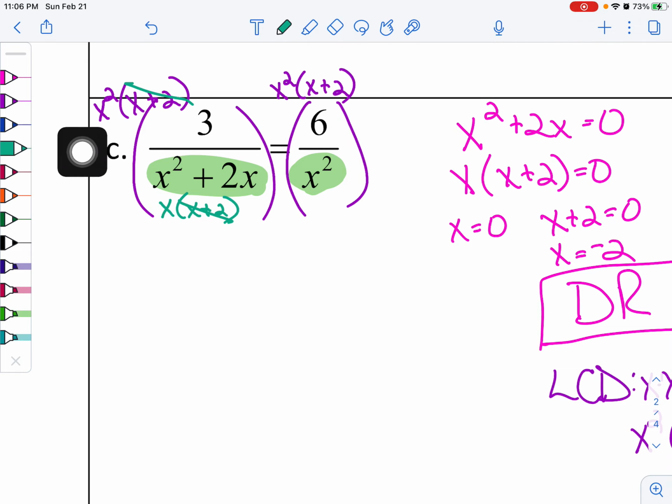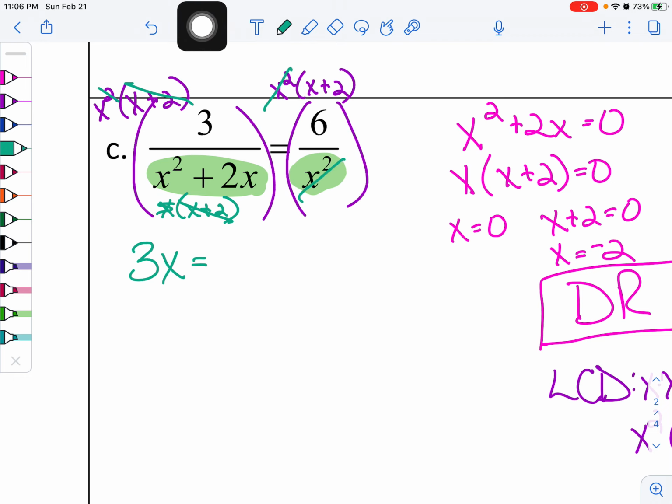So I know the x plus 2's can cancel, and this x will take out one of these two, but not both. So I sometimes will just cross out the x down here and cross out the power, which would leave me 3x. So 3 from the numerator times the single x that's left over here is that 3x.